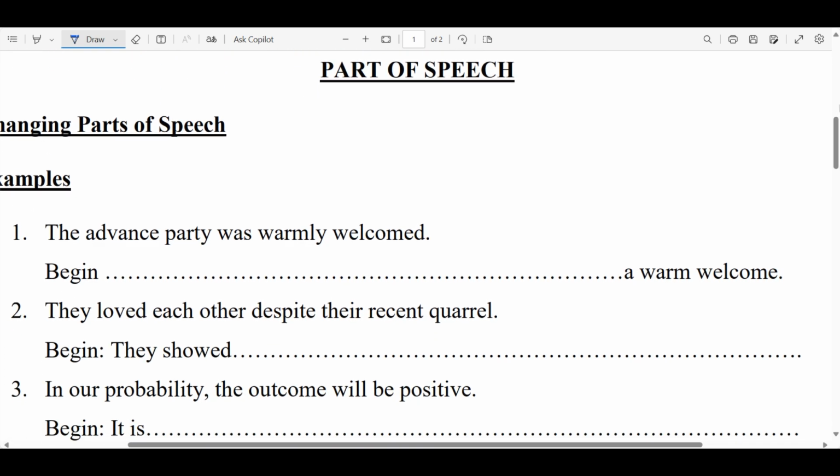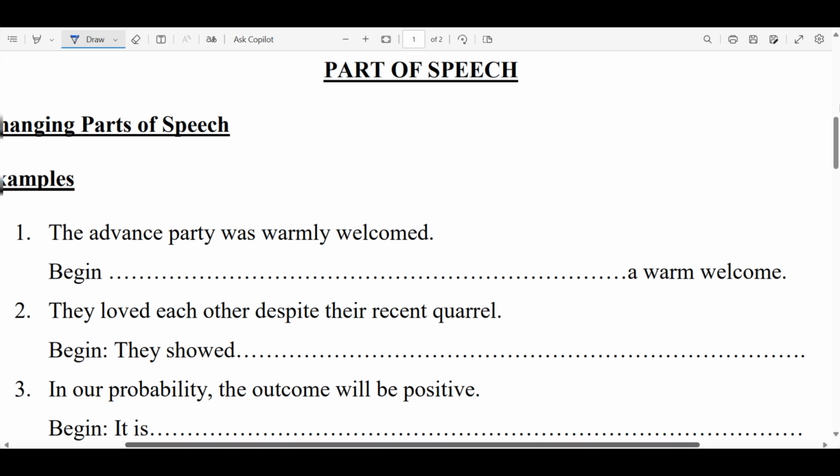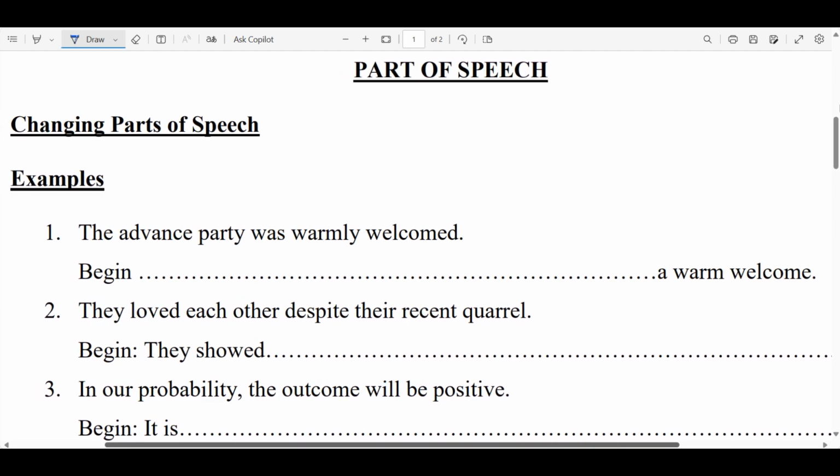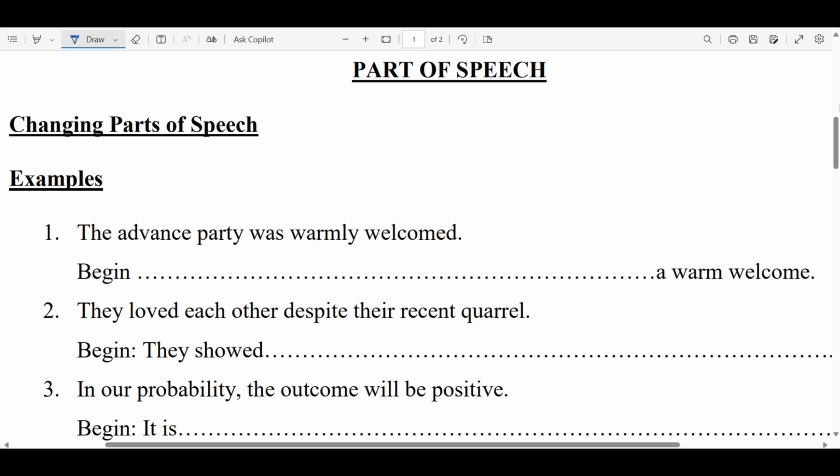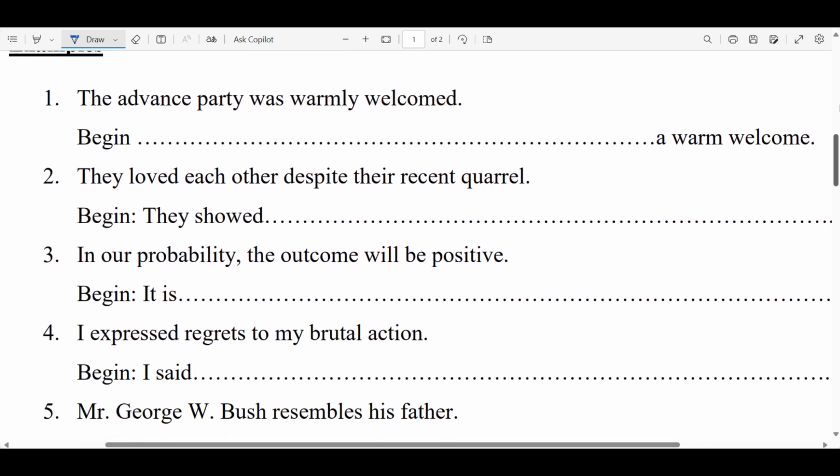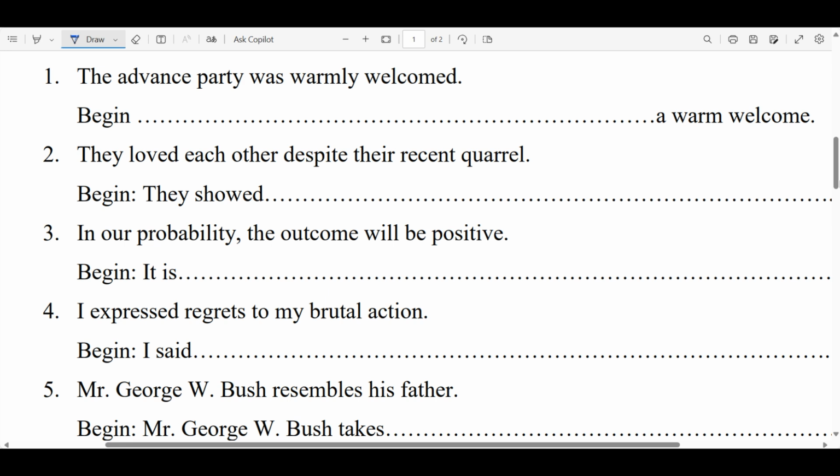So now let's move on to our focus. Our focus is where now we want to look at the rewrites. And the first one is changing parts of speech. Now, what are we really looking at? So here we'll be looking at changing a verb into a noun, adjectives into an adverb, and so on.